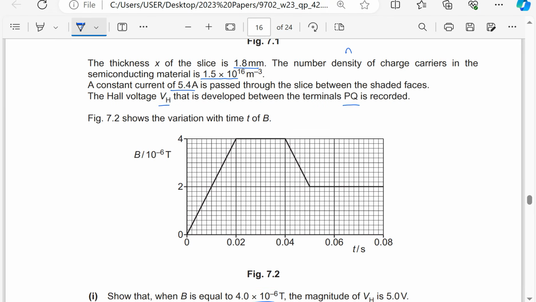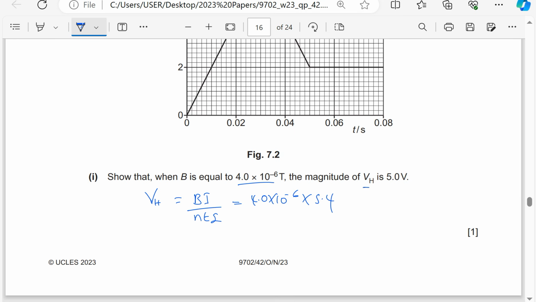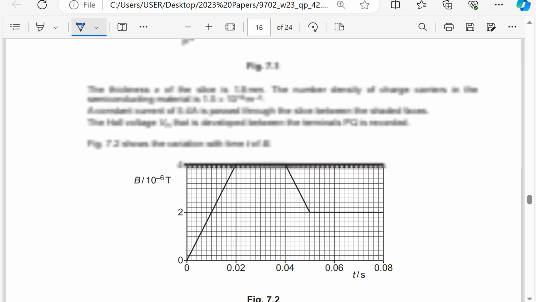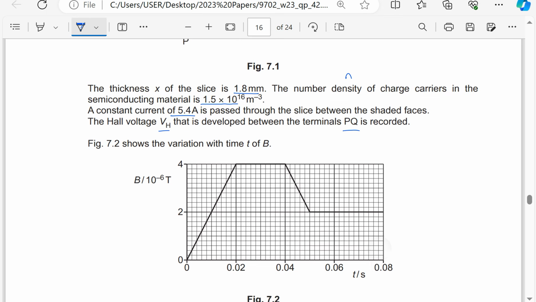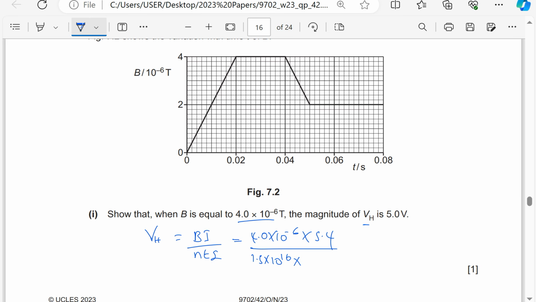The number density was given as 1.5 times 10 to the power of, is it 16? Yes. Then the thickness is 1.80 millimeters times 10 to the power of minus 3 to change it to meters. Then the charge, these are electrons, so it is 1.6 times 10 to the power of negative 19.